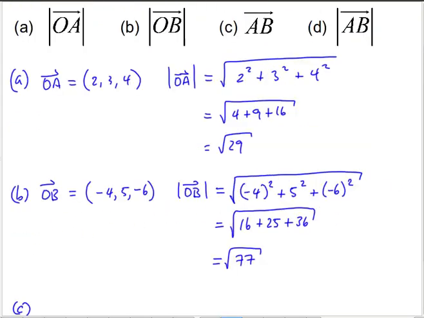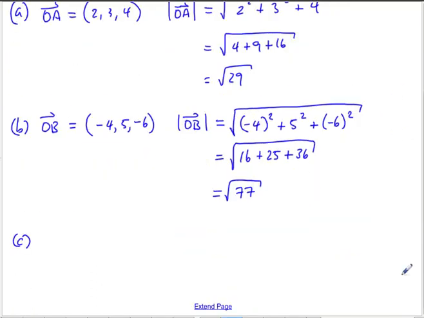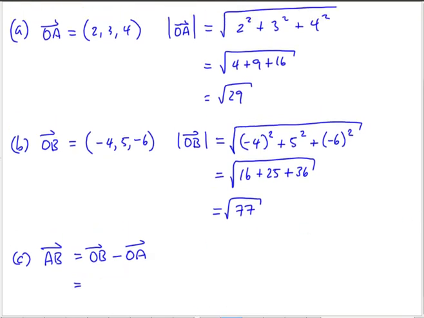C asks me, what is the vector AB? In order to go from A to B, I start with the vector OB and subtract from it the vector OA. Now I could do this a couple of ways. One way is just using the vector components in the bracket form.